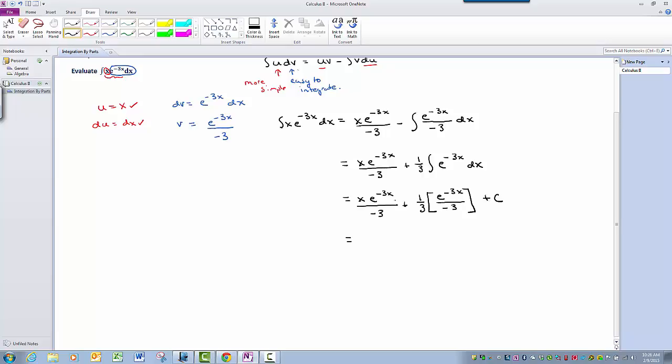Well, I'm going to pull out e to the negative 3x over negative 3, multiplied by, now what's left on this guy is just x, and on this guy it's 1/3. And of course plus our constant of integration still left there at the end.